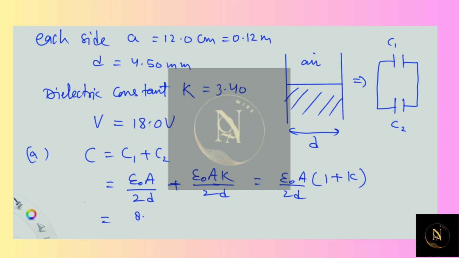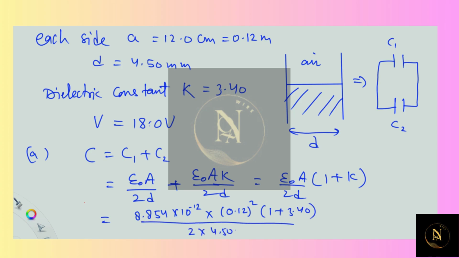Now plugging in all the known values here. For epsilon naught, this is 8.854 multiplied by 10 raised to power minus 12, multiplied by area 0.12 squared, then 1 plus 3.40, divided by 2D, meaning 2 times 4.50 into 10 to the power minus 3.